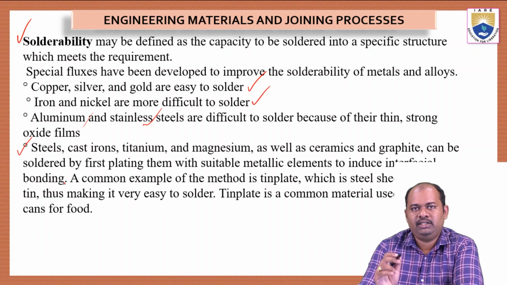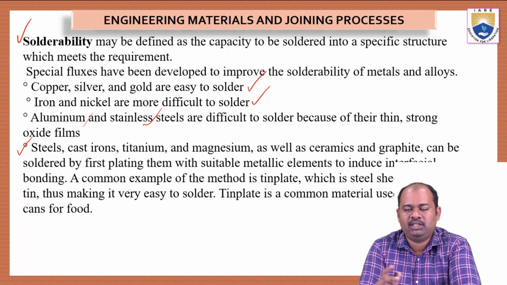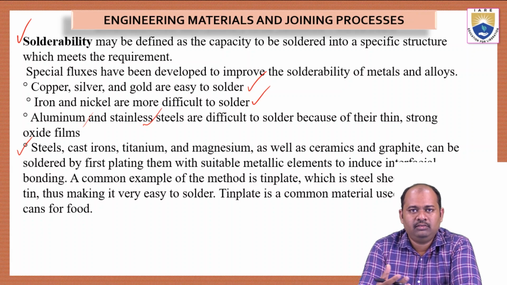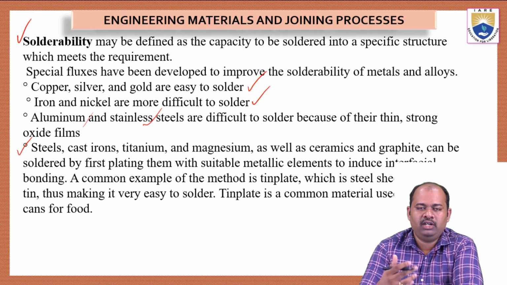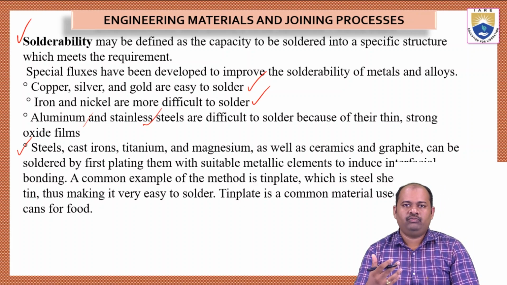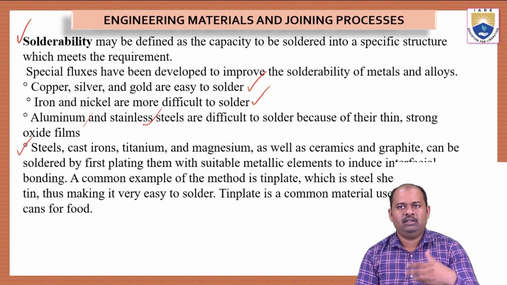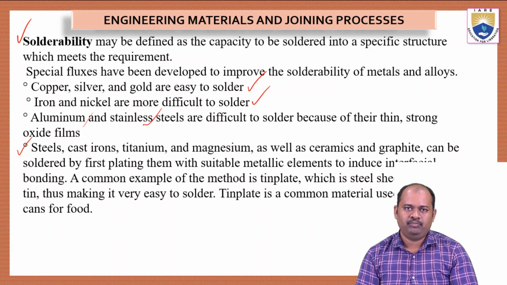So these metals can be soldered by applying a pre-coat. We have to apply a coat on them so that soldering can be done, because they are not so solderable.